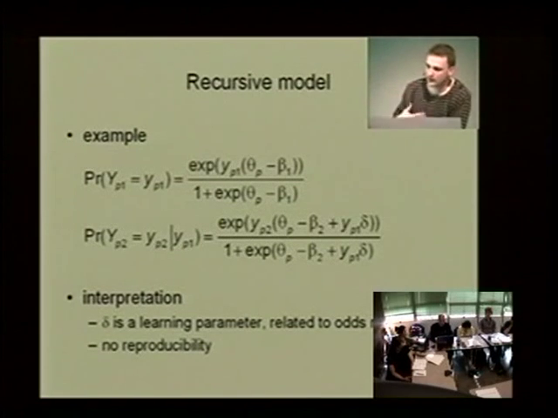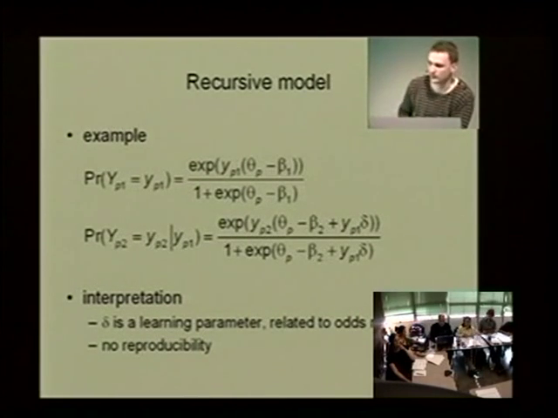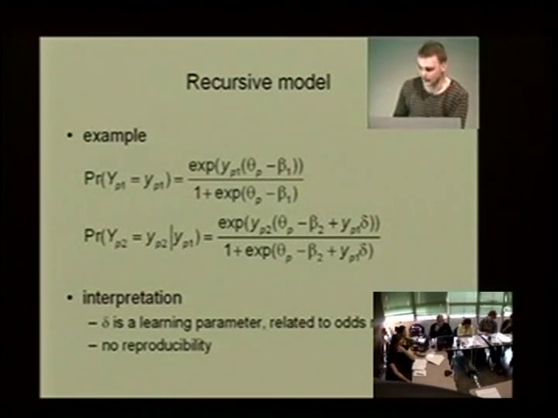So this allows for modeling learning, because if the delta is positive, then something is subtracted from the difficulty parameter, and that means that learning takes place because the item becomes easier.